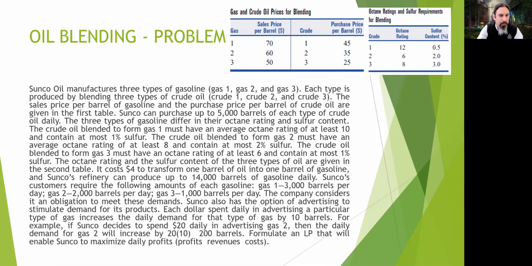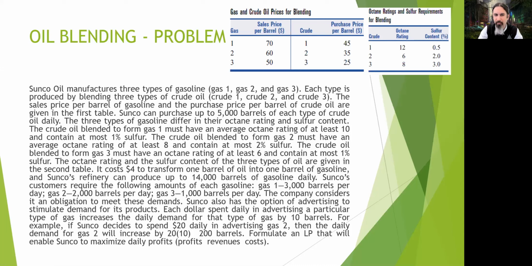The 3 types of gasoline differ in their octane rating and sulfur content. So each gas has a different quality to it, which comes from octane rating and sulfur content. The crude oil blended to form gas 1 must have an average octane rating of at least 10, and contain at most 1% sulfur.